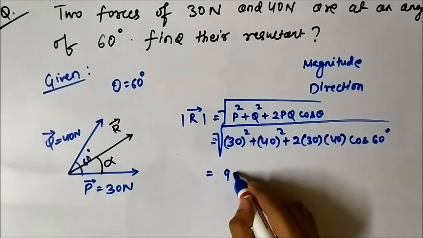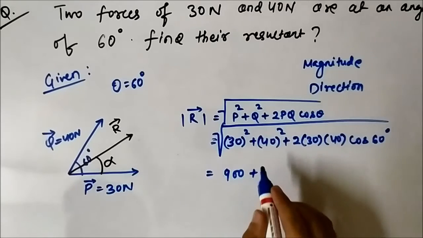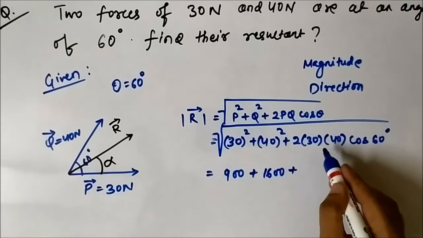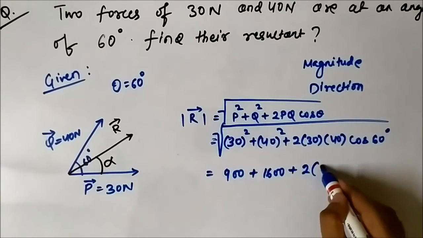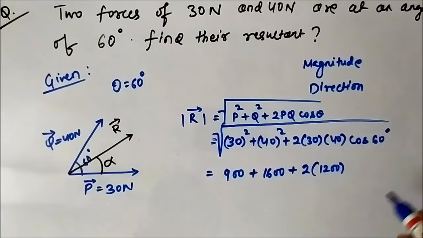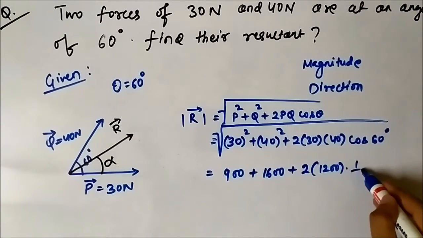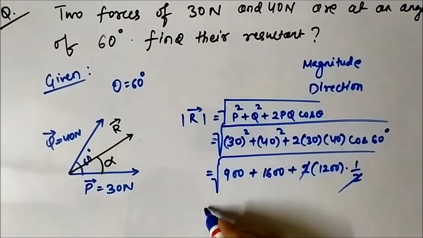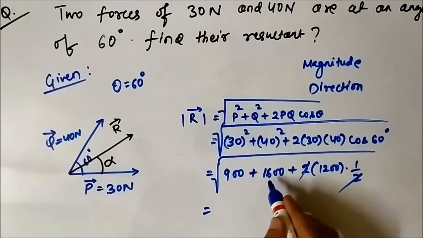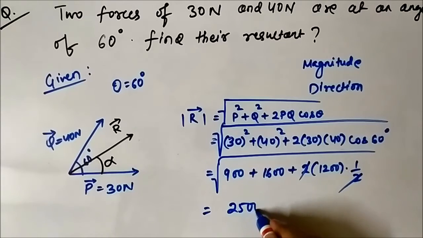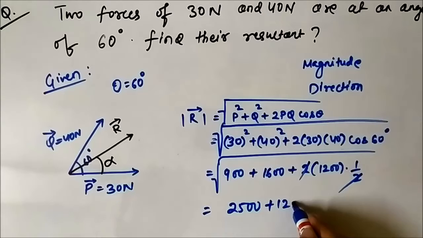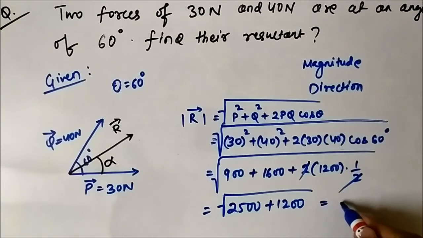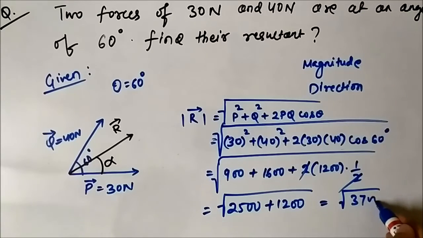So it will be 900 plus 1600 plus 2 into 1200, cos 60 degrees is 1 by 2, so the 2 will get cancelled. So it will be 900 plus 1600 is 2500, plus 1200, which is equal to 3700. So it is the root of 3700.